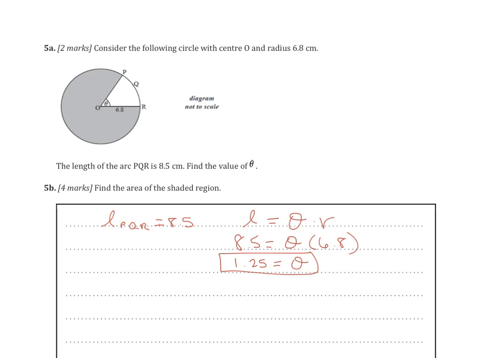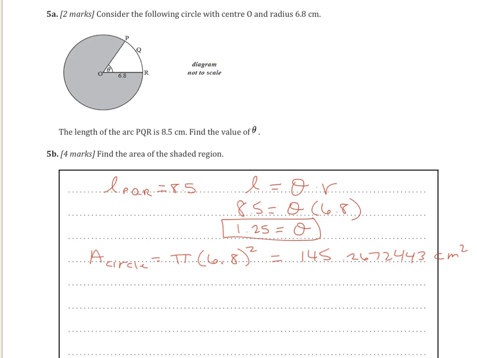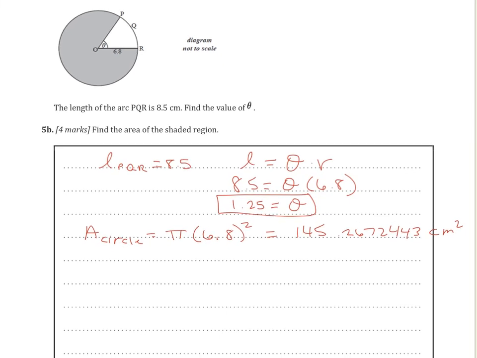I'm going to go ahead and take pi r squared, the area of the circle, pi times 6.8 squared. And when I do that, that gives me 145.2672443 centimeters squared. And I'm going to find the area of this sector. I'm just going to call that x.